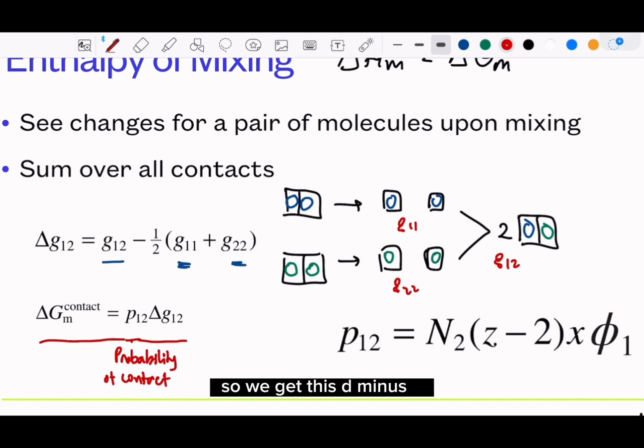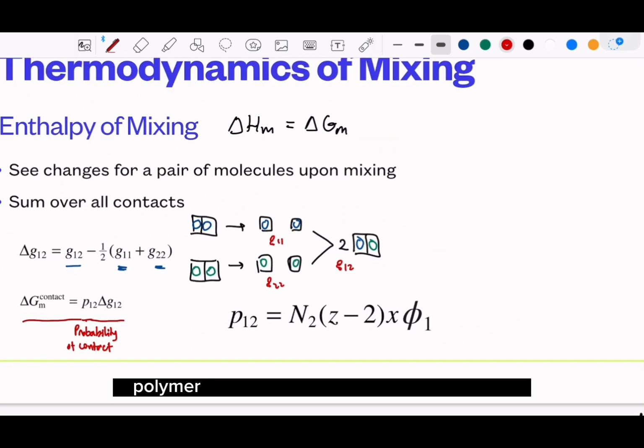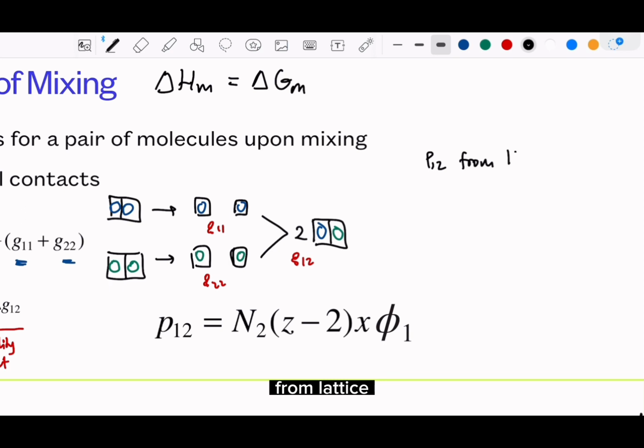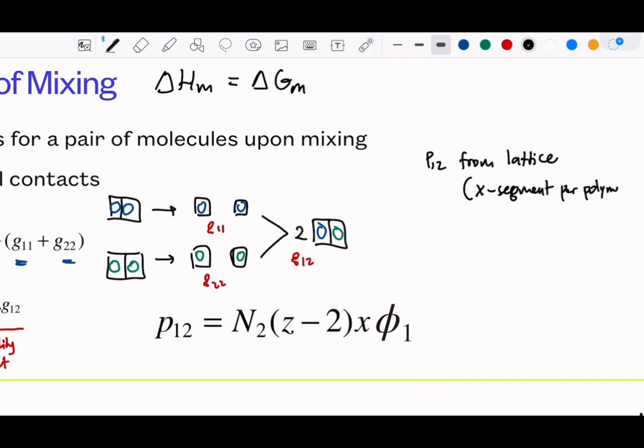So we get this Z minus 2 from our approach to the lattice in polymer. So let's say we are going to have P12 from lattice and taking the X segment per polymer. So let's say we have that.